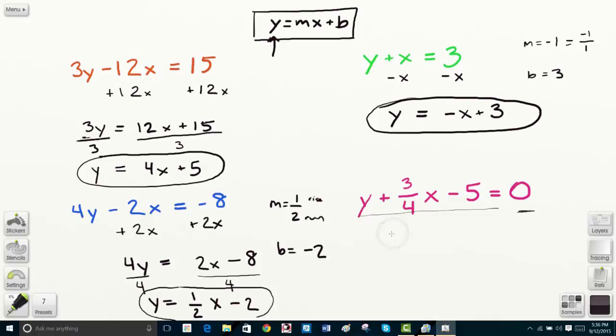So I will subtract 3/4 x from both sides, which will give me y minus 5 equals negative 3/4 x. And then I can add 5 to both sides to get rid of that term, which will give me y equals negative 3/4 x plus 5.